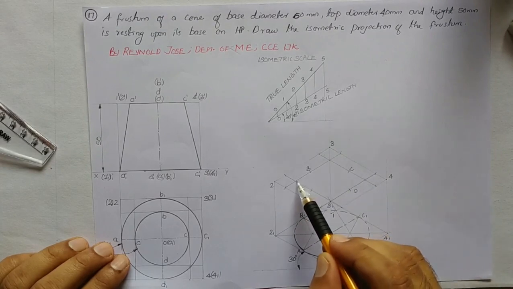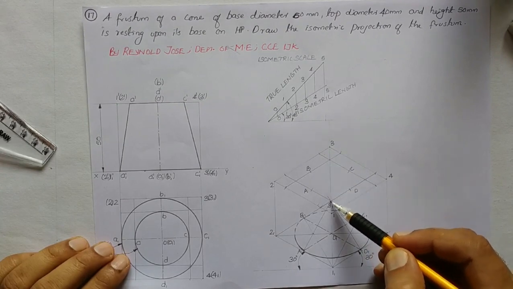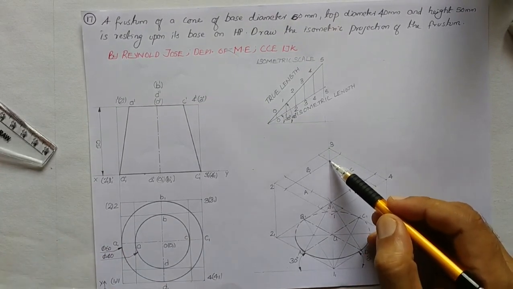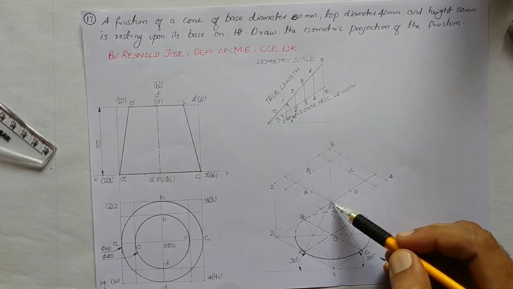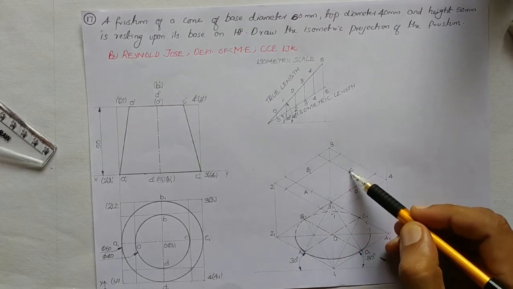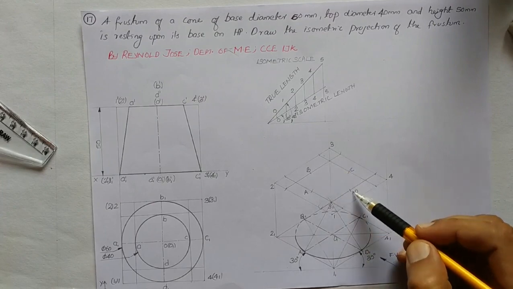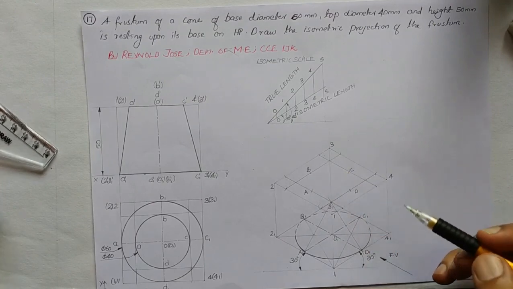These two corners are having larger distance than these two corners. So these two corners are the shorter corners. So it is with respect to these two corners we have to do the 4 center method. So from this corner to B and C we will be drawing a thin line, and from this corner to A and D we will be drawing 2 thin lines.